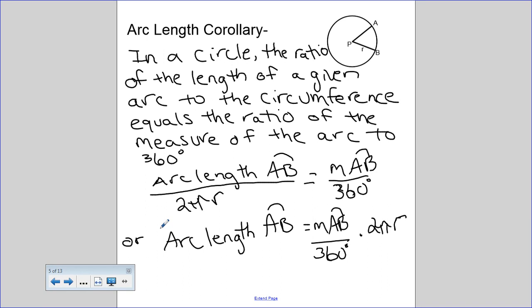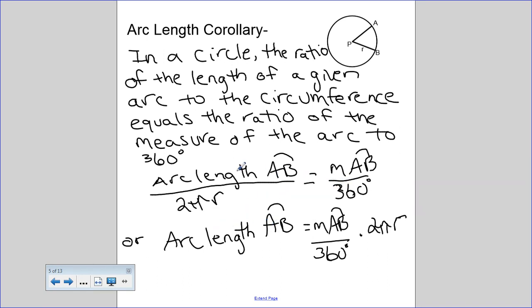So again, think of it this way. The arc length of AB, that piece, and I wrote 2 pi r here. You could just write circumference because it depends on if you're given the radius or diameter. So the piece to the whole of circumference forms a ratio with the measure of the angle in degrees of AB to 360, because 360 is the whole circle.